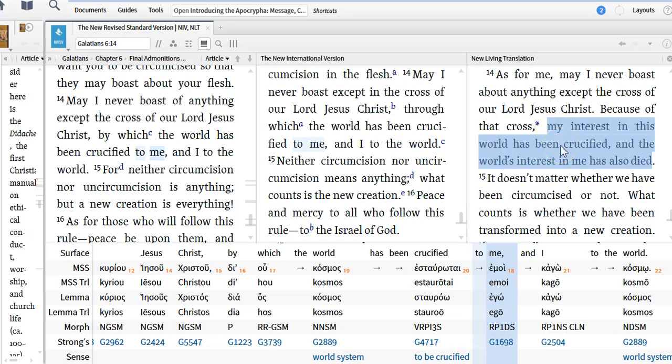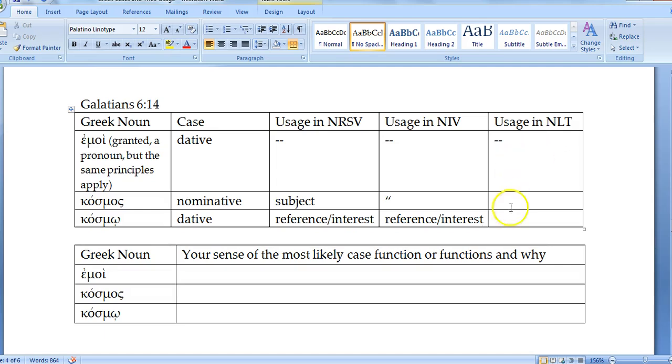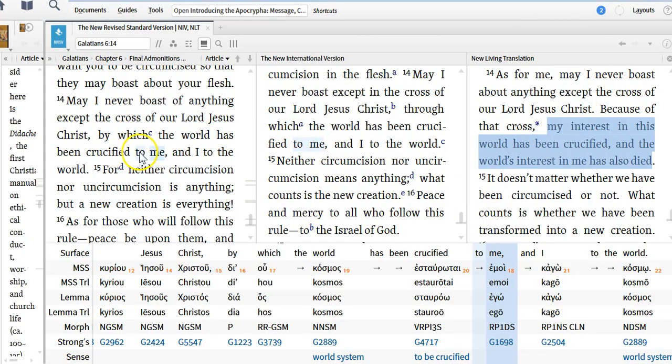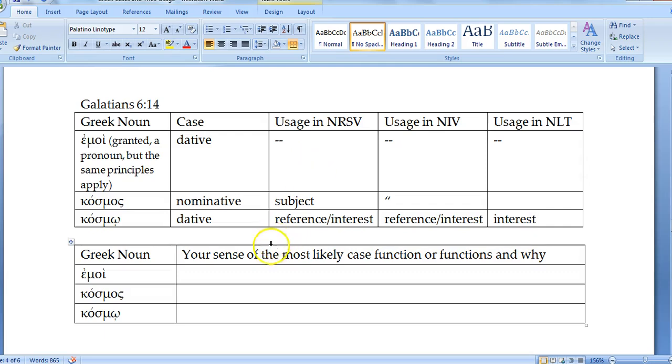The translators have changed the syntax quite a bit to make it natural English, but that seems to be the way they have committed themselves, whereas the NRSV and NIV try to remain more open, try to be less limiting in how they are rendering the dative case.